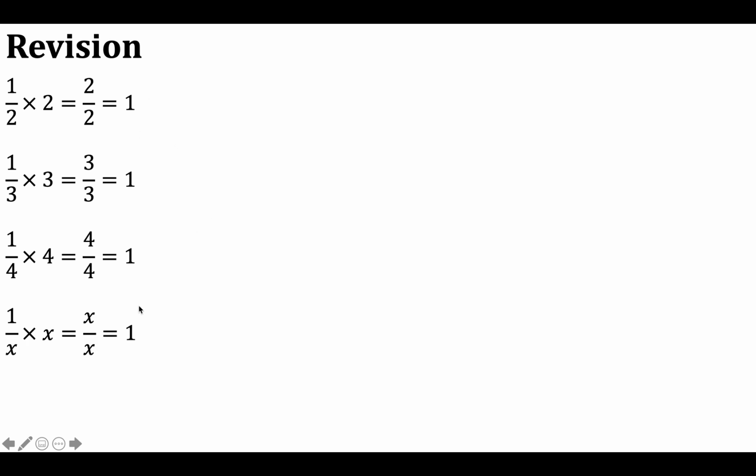Now if I generalise that, so those were specific examples, 1 over x multiplied by x gives us x over x, and that is 1. And if we try another one, for instance 1 over x plus 5, and we multiply that by x plus 5, that also gives us 1, because it's x plus 5 over x plus 5.